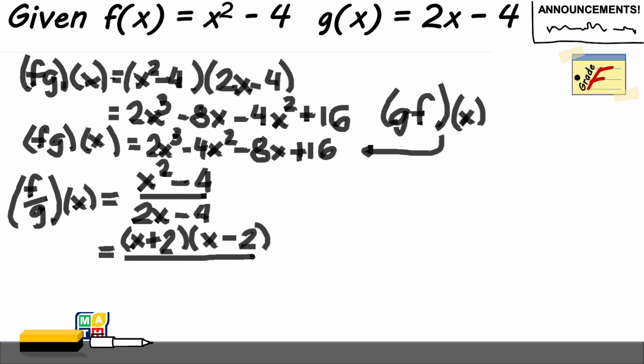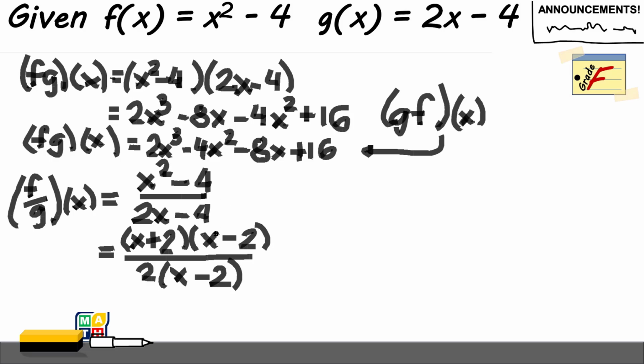Let's have it all over our denominator. The denominator cannot be factored using difference of two squares, but we can use here the common monomial factoring. We can factor its greatest common factor of 2, leaving 2x becomes x, and minus 4 becomes minus 2.